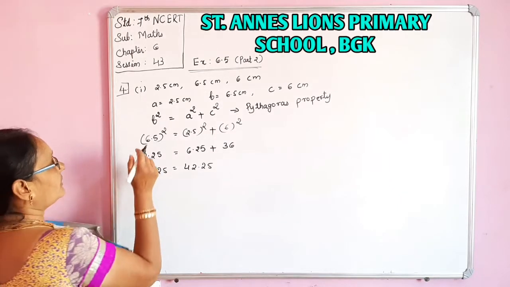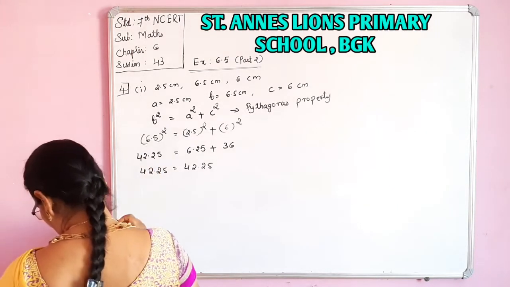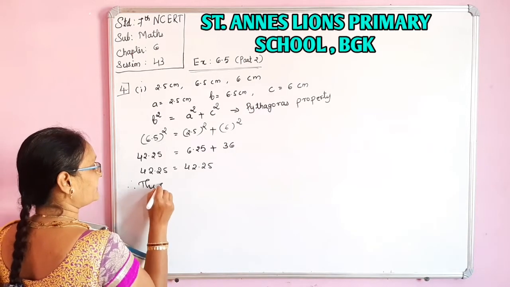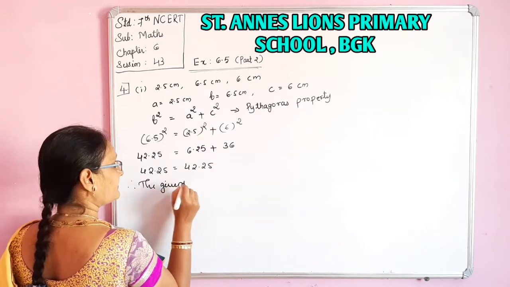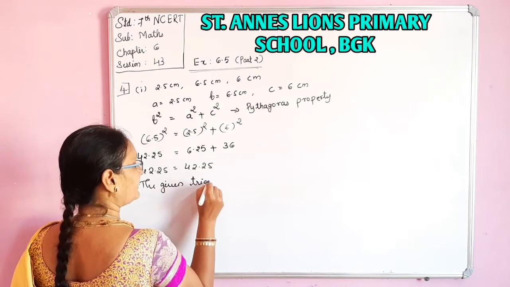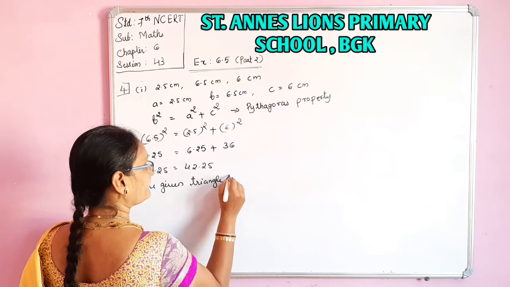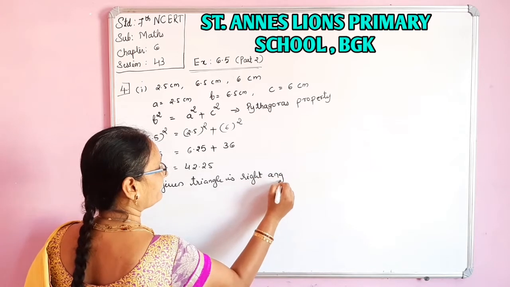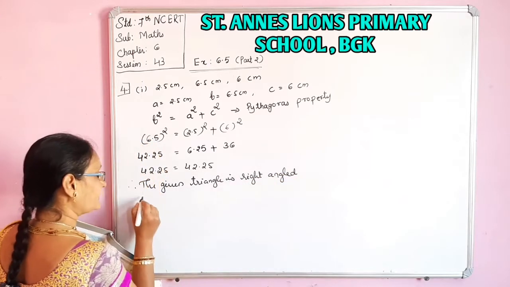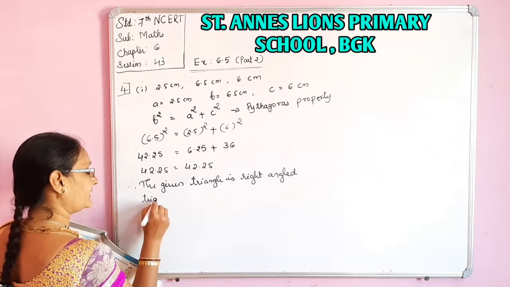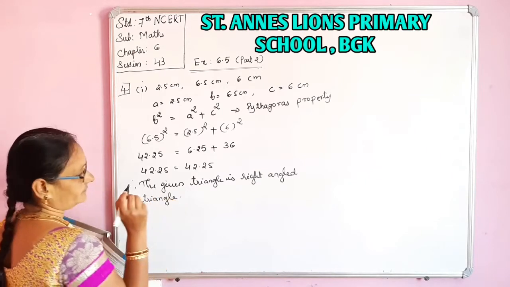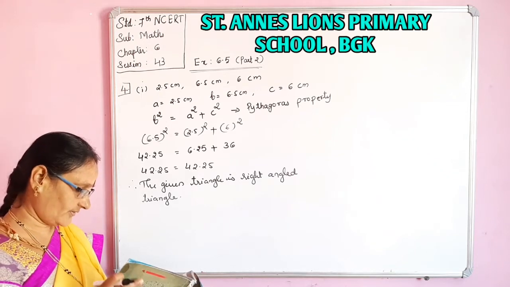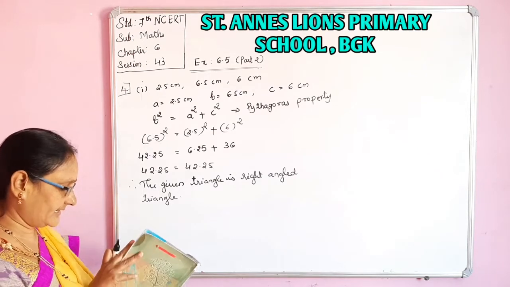Okay. So what we have to conclude here, therefore the given triangle is a right angled triangle. And what question did they ask? Which of the following can be the sides of a right angled triangle?